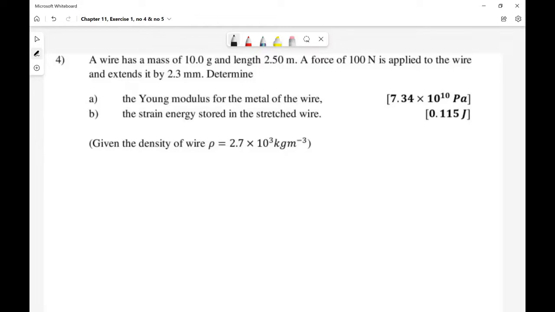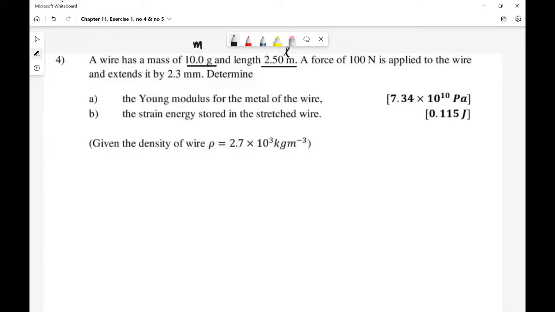Chapter 11, Exercise 1, Question number 4. A wire has a mass of 10 gram, this is mass M, and length 2.5 meter, this one is length L, or L naught.